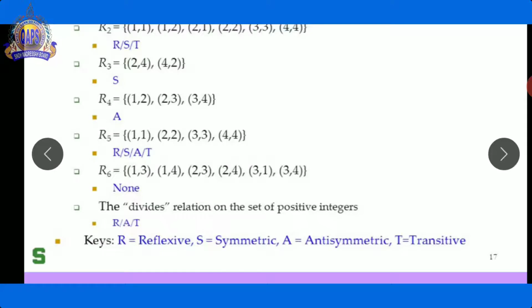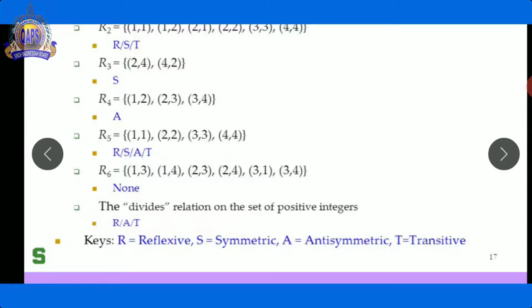Now see here in relation 6: 1 comma 3, 1 comma 4, 2 comma 3, 2 comma 4, 3 comma 1, 3 comma 4. There is no reflexive property, because there is no ordered pair in which both elements are the same.